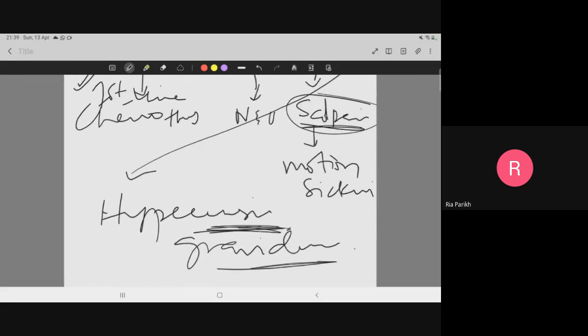You can use your antihistamines to suppress your vomiting only in one condition, when someone is suffering from hyperemesis gravidarum. Hyperemesis gravidarum is when a female becomes pregnant, in the initial months she is very nauseous and she can vomit a lot.